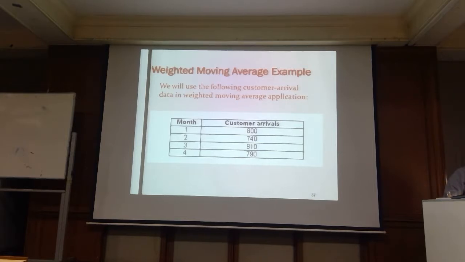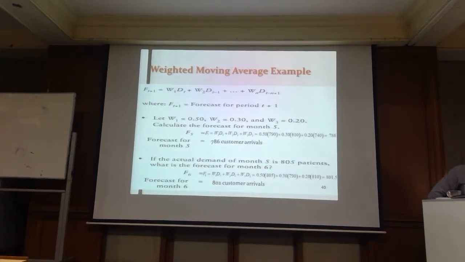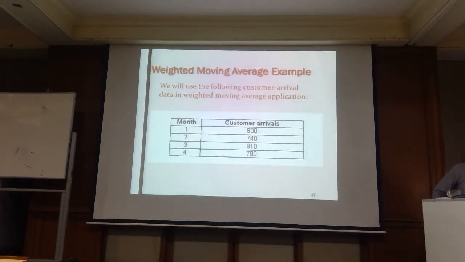But in this case, let's say I prefer to have the highest weight equal to 50%, or 0.5, for the very current information. The next one is 30%, or 0.3, and the last one is 0.2.